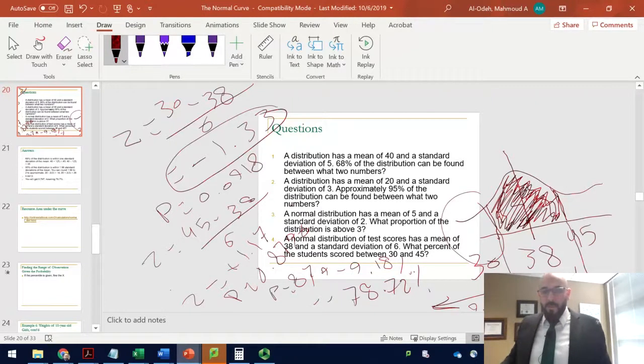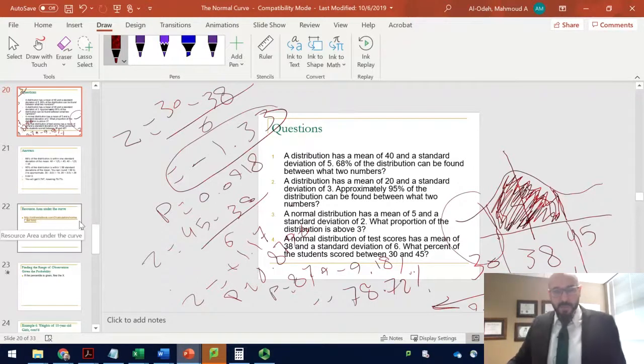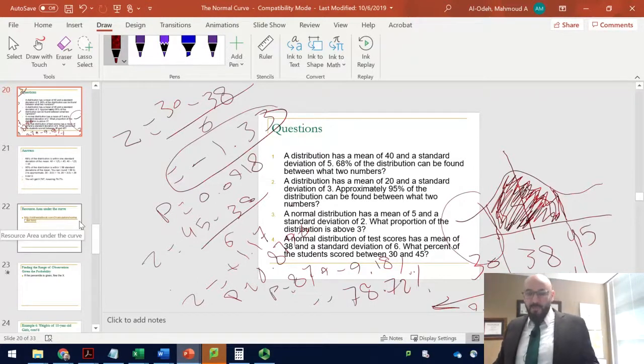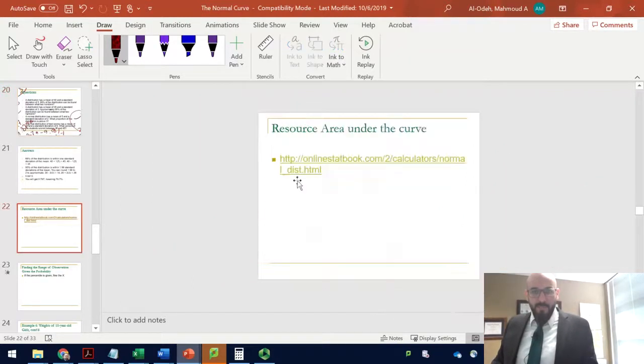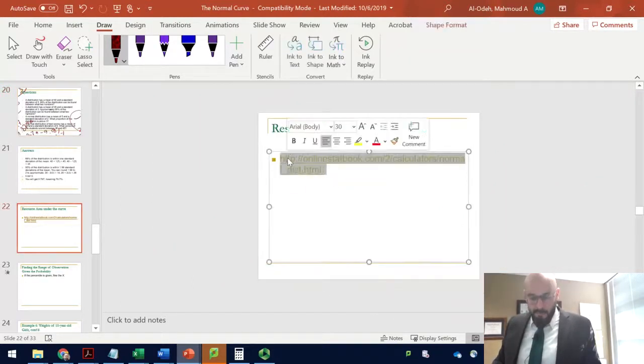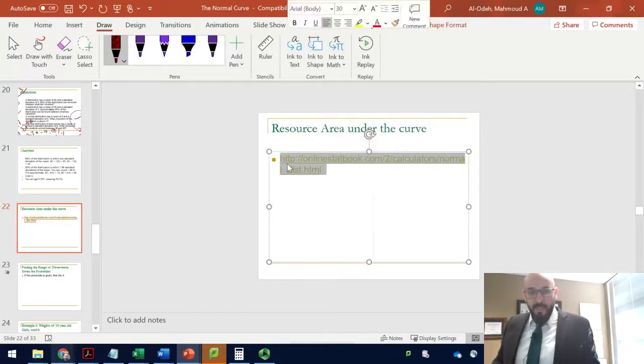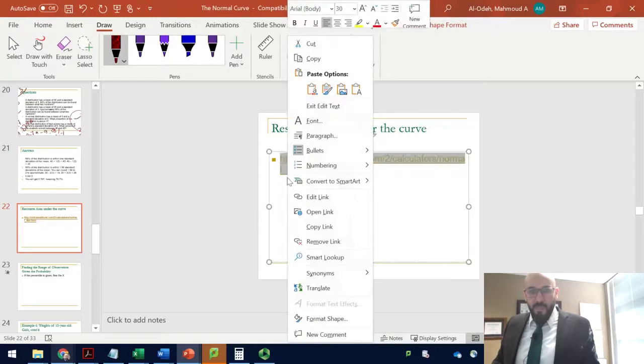Now, what we need to do is double check our answers. Sometimes you don't have time to do all this math. So I included a link for you on D2L on this PowerPoint, and this is basically a quick way to calculate the area under the curve.